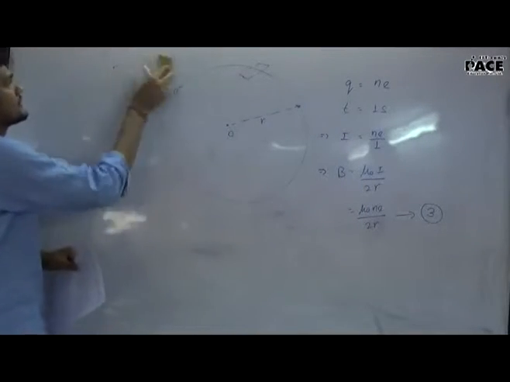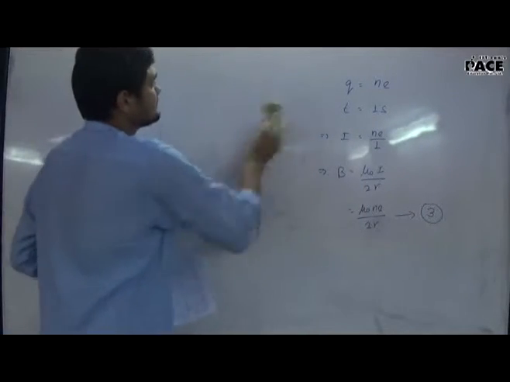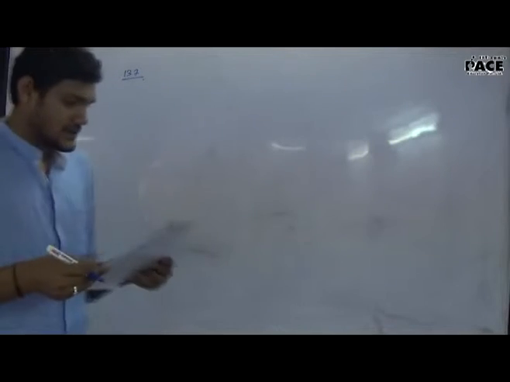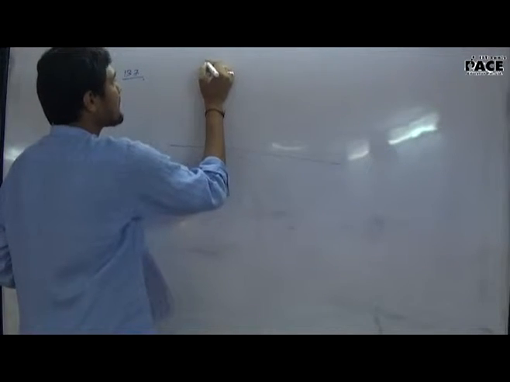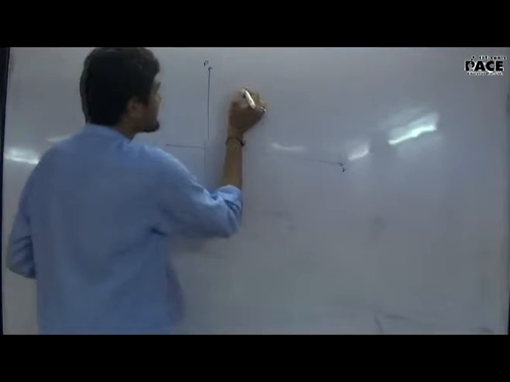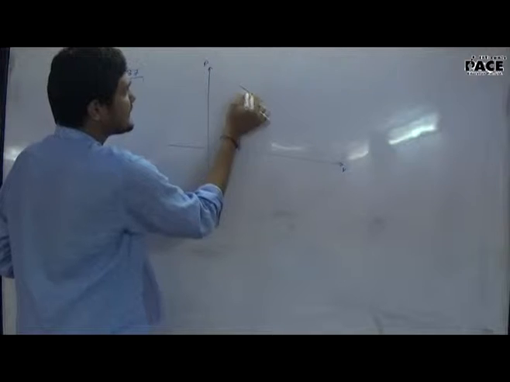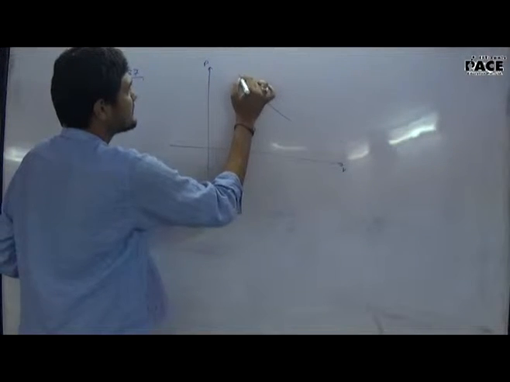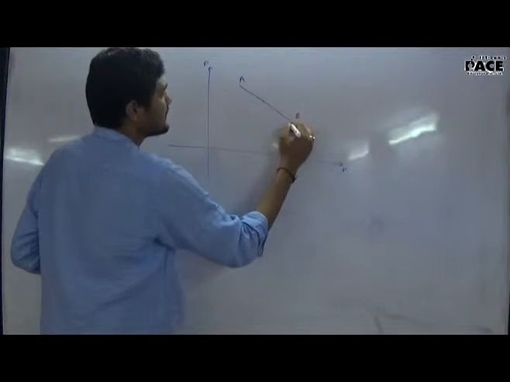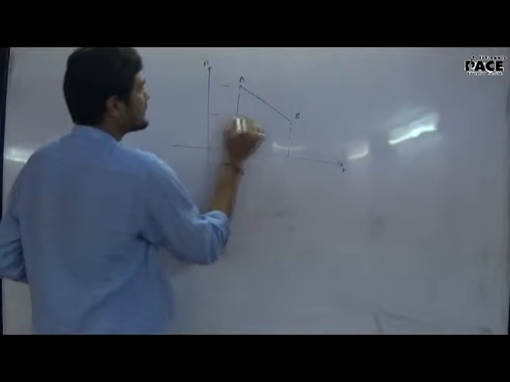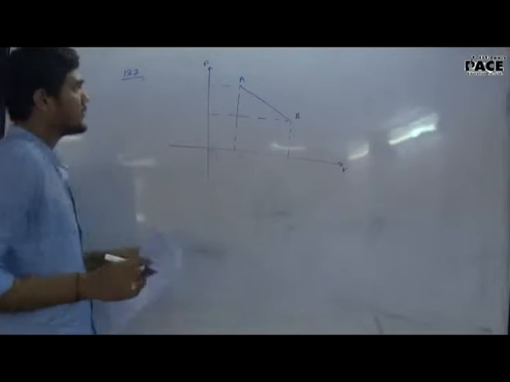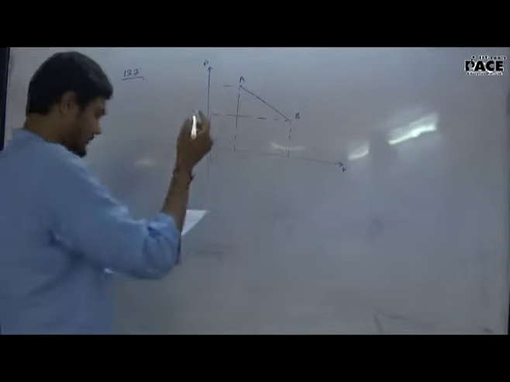The next question is question number 137. For question number 137, we have a PV diagram, and the initial and final states are given. As in, for point A and point B, both pressure and volume are given.